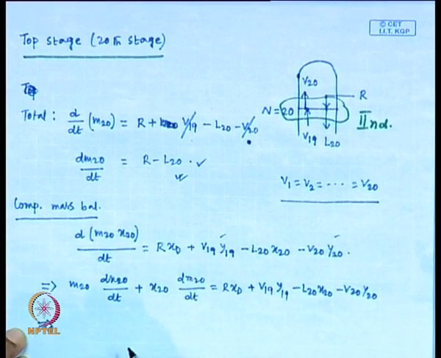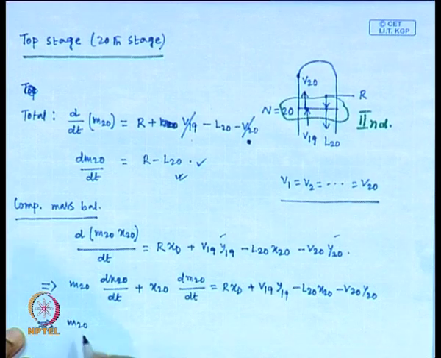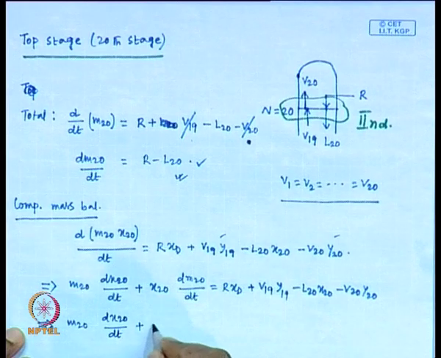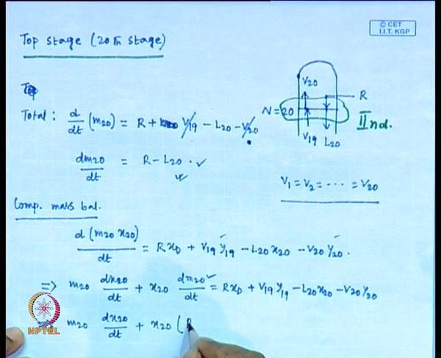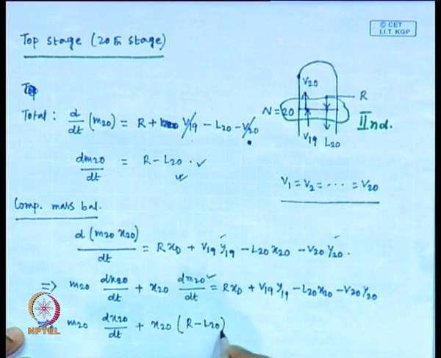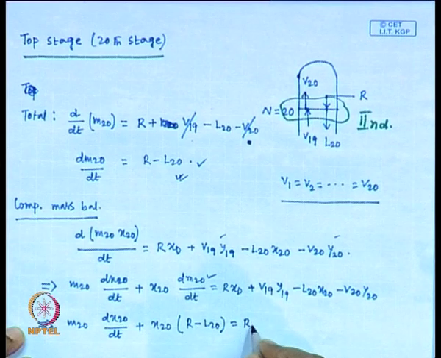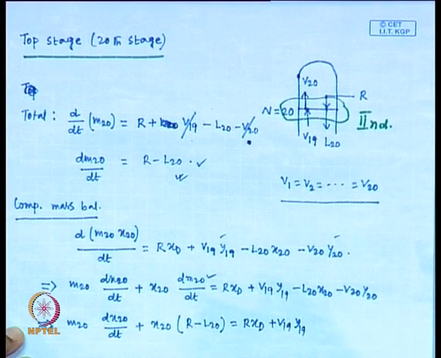If we substitute the total mass balance, that is R minus L20, for dM20/dt, we get R minus L20 equals R xD plus V19 Y19 minus L20 X20 minus V20 Y20.